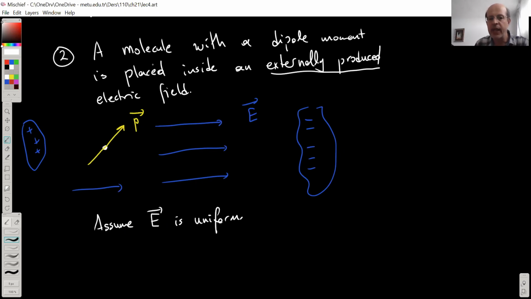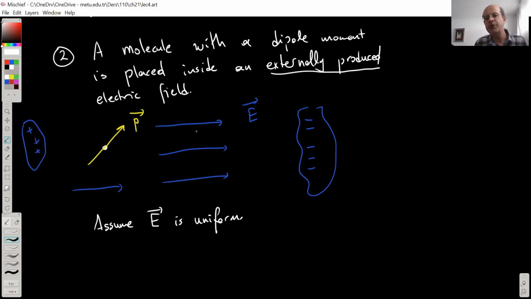So when I place a dipole inside an external electric field, it also becomes affected by that electric field. Therefore, the motion of the dipole should change. We can quantify this by the net force applied on it and the net torque applied on it, and we are just going to compute both of these quantities.